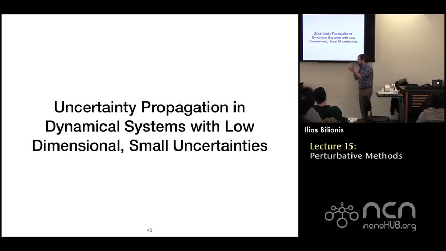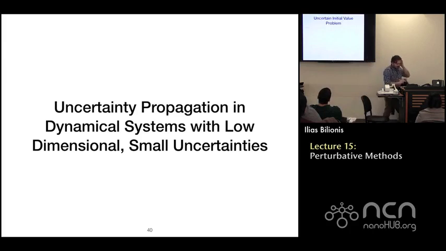For vector outputs, I approximated the probability density of your output vector as a multivariate Gaussian. Now, for a dynamical system, the quantity of interest is a function of time, and we're going to approximate it with a Gaussian process.